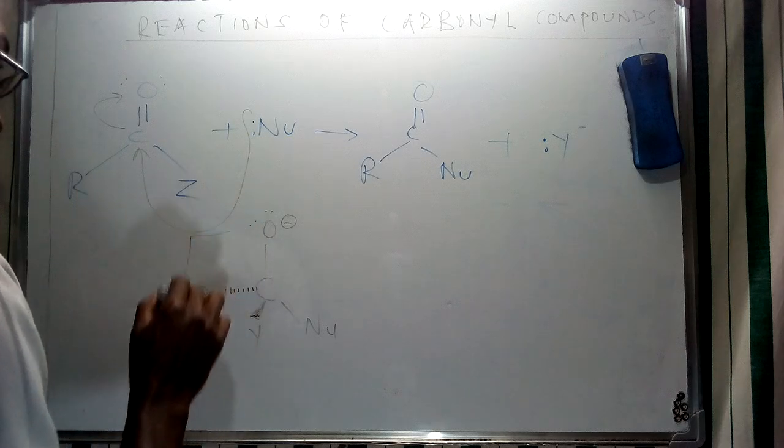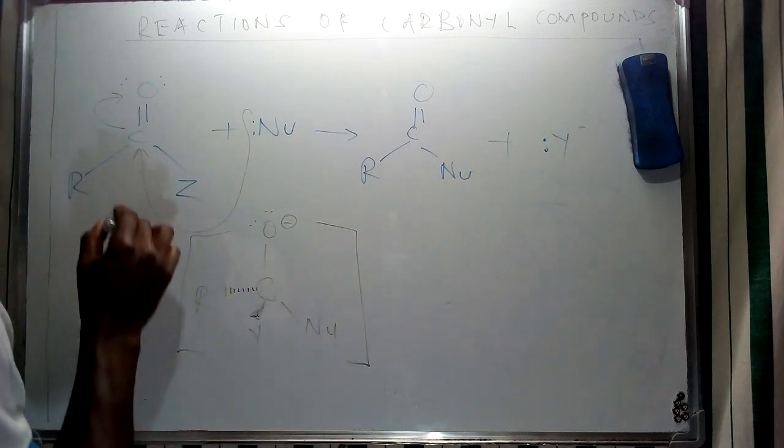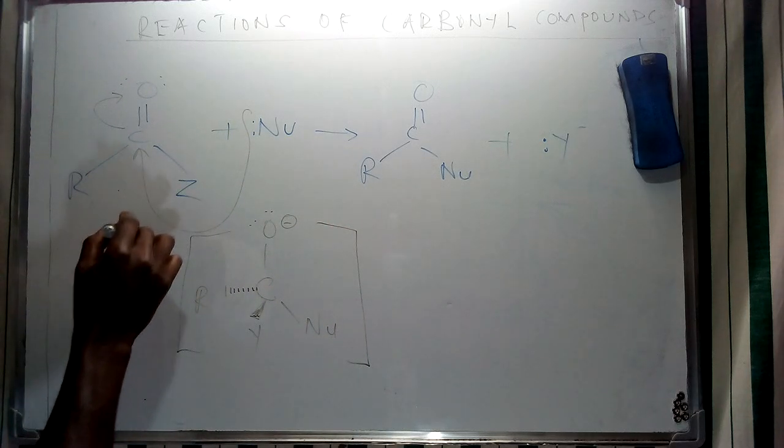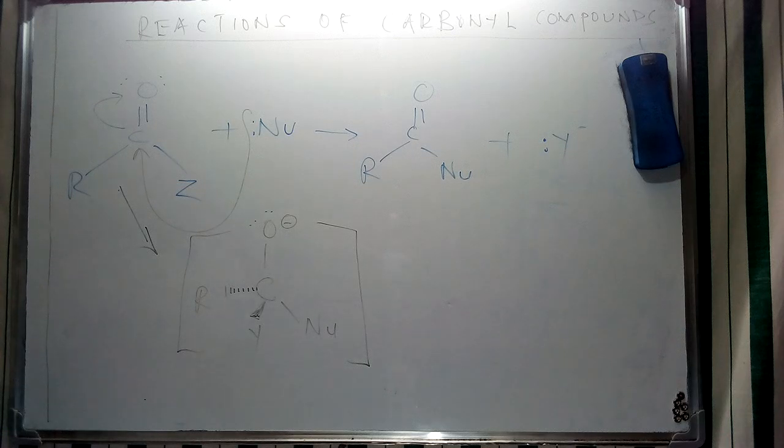So therefore, this is an intermediate that is going to be formed from the interaction of the nucleophile and that particular compound. And then this is going to lead to the formation of products.